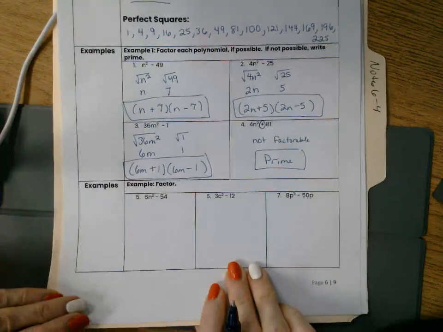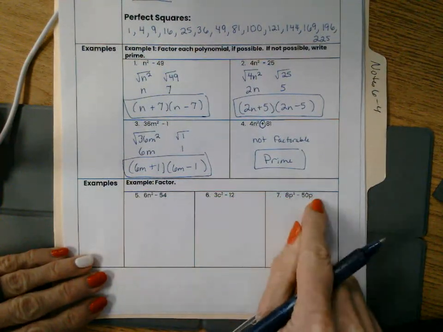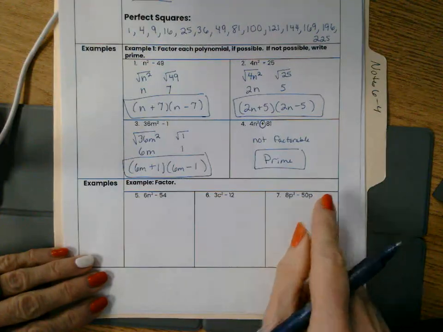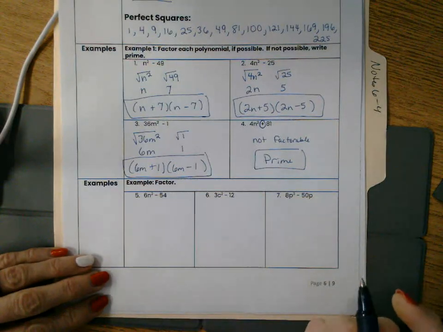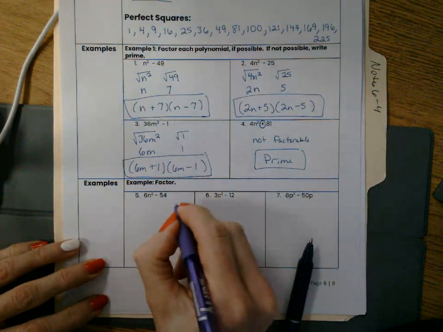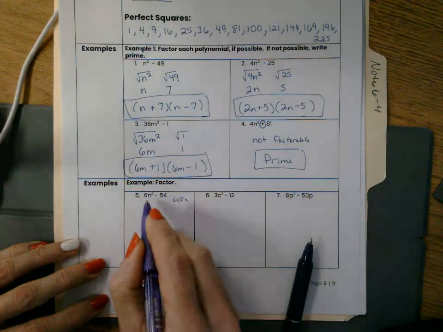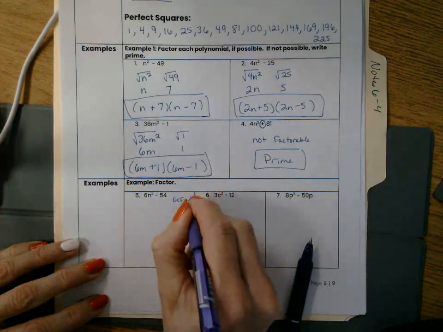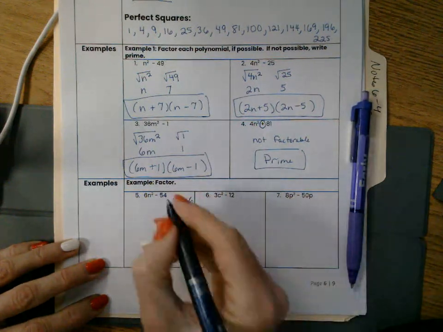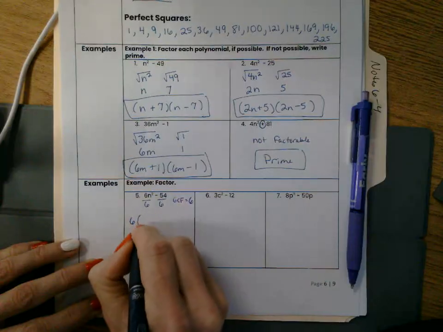Okay. All of these here at the bottom, if you look at the numbers, these are not perfect squares. So you have to see if maybe you could factor something out first. Basically, you're trying to find the GCF. For this first one, what number goes into both of these? 6. So I'm going to divide them both by 6. I'm going to write my GCF first.